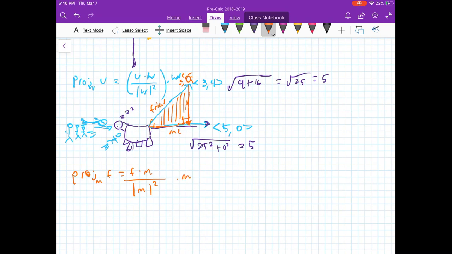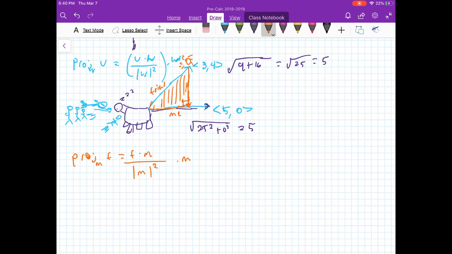Excellent. So the dot product of my friend's vector and my vector: the x's multiplied together, that would be 3 times 5, which is 15, plus the product of the y's, 4 times 0, which is just 0, all over the magnitude of my vector squared. The magnitude of my vector is 5, so it'd be 5 squared times 5.